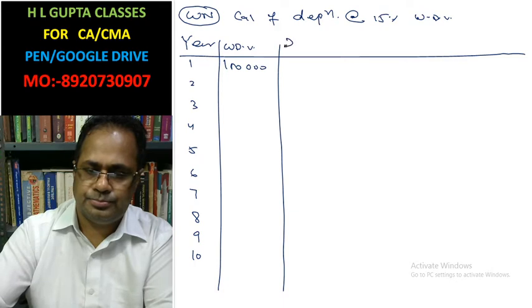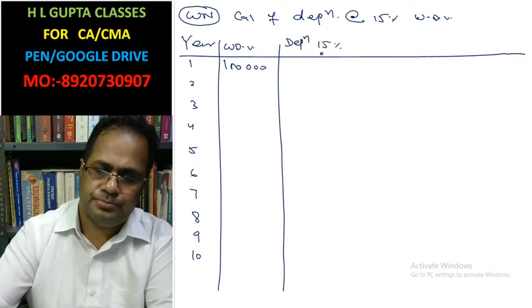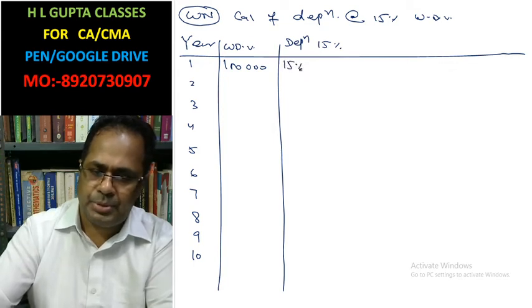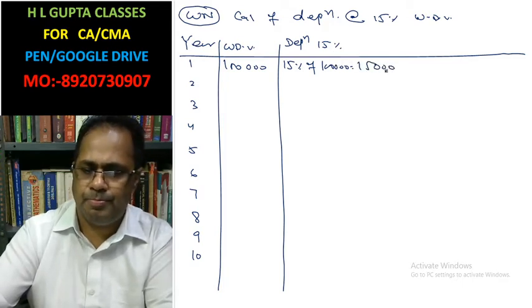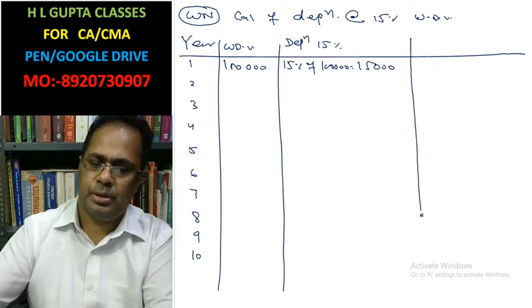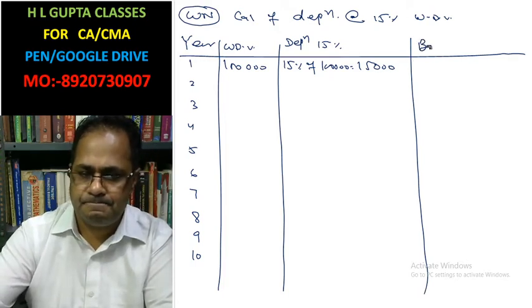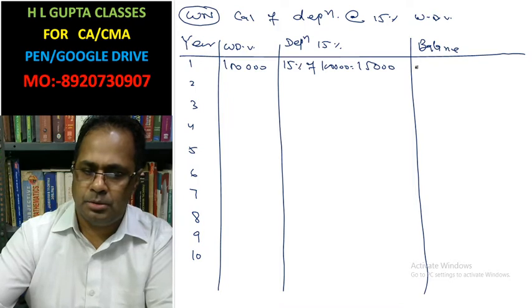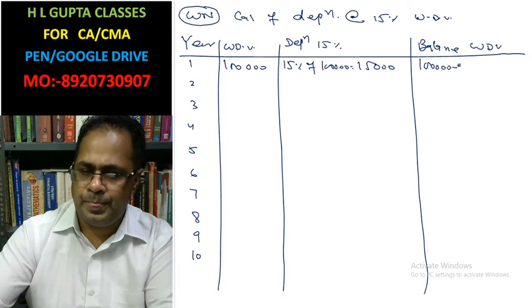Depreciation here 15%. 15% of 1 lakh. That is 15,000. Now balance written down value, 1 lakh minus 15,000.